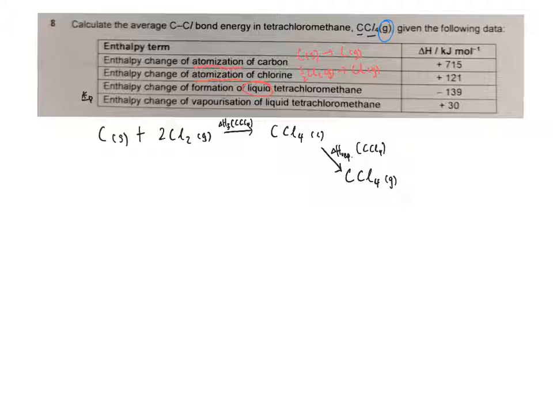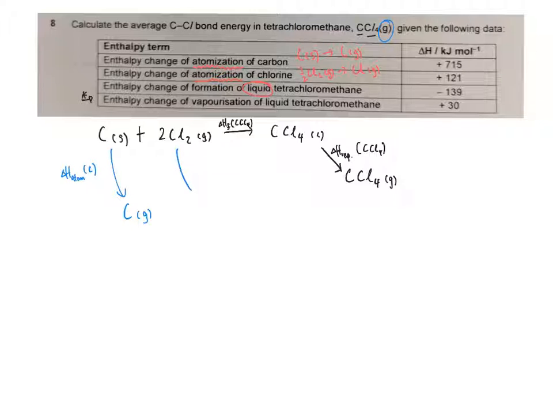So how do I figure out the CCl bond? Well, it's got to be in here somewhere. So the question is, what can I do? Well, let's look at the information that's given to us. This is the atomization, so let's try that. I'm just going to write in blue the other information that's given to me. So I have carbon turning into a bunch of atoms. That's 1, so that's the delta H atomization of carbon.